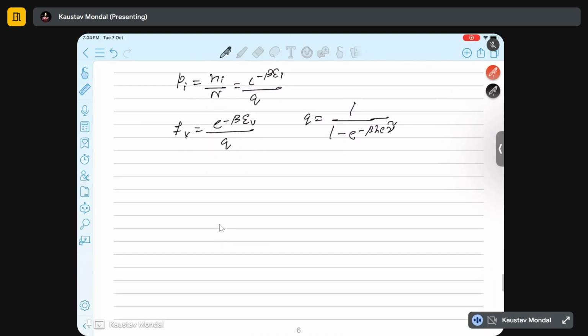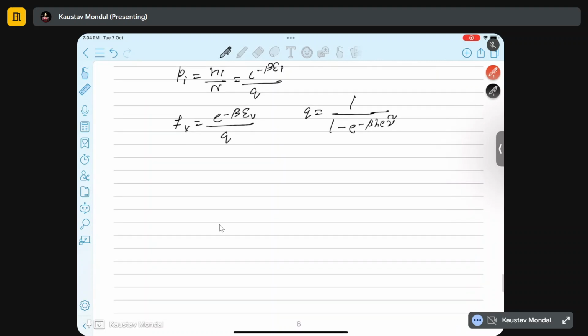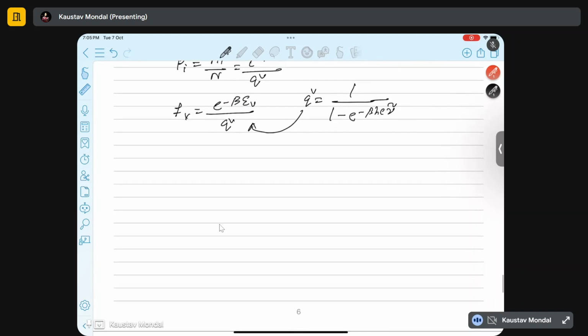Okay. So now if you substitute this Q here, QV more specifically, since all of these things are related to the vibrational energy state, Fv is equal to e to the power minus beta εv divided by 1 by 1 minus e to the power minus beta hc nu tilde.